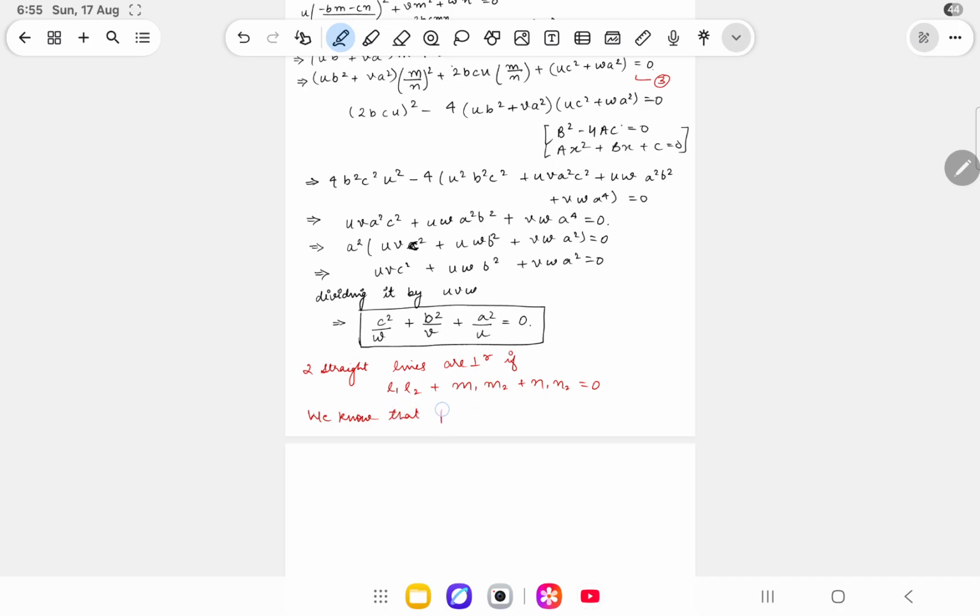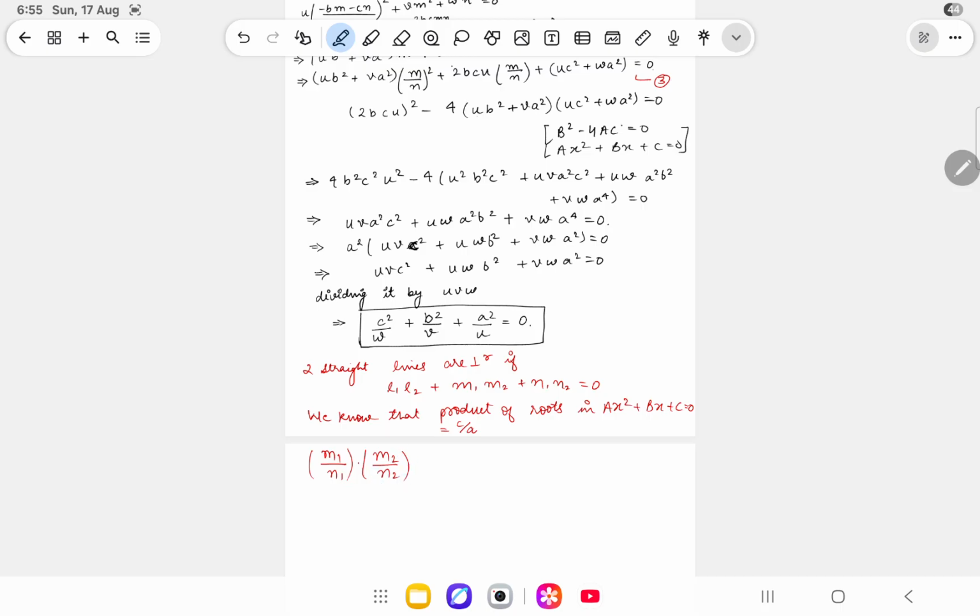the product of roots in ax square plus bx plus c equals to 0 is equal to c by a. So using this formula in the above equation number 3, we'll get m1 by n1 dot m2 by n2.